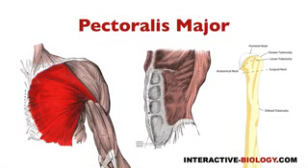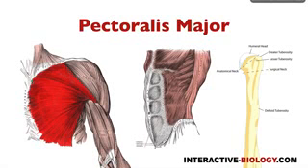Then we have the sternocostal head, and the origin here you can see, of course, it's sternocostal, so it has something to do with the sternum and it has something to do with the ribs. The word costal comes from the Latin word costa, which refers to ribs.